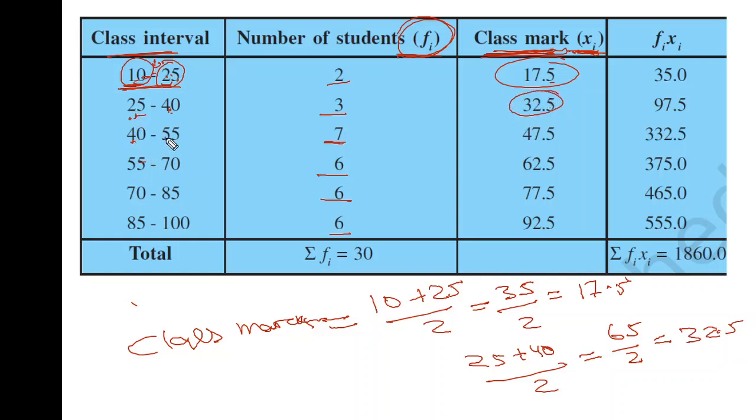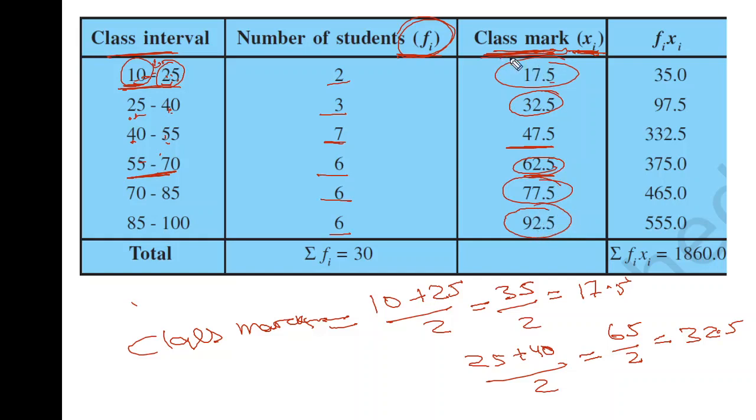Similarly 40 plus 55 divided by 2 will be 47.5. 55 plus 70 divided by 2 is 62.5, and 77.5, and 92.5. In a similar way you can find them.